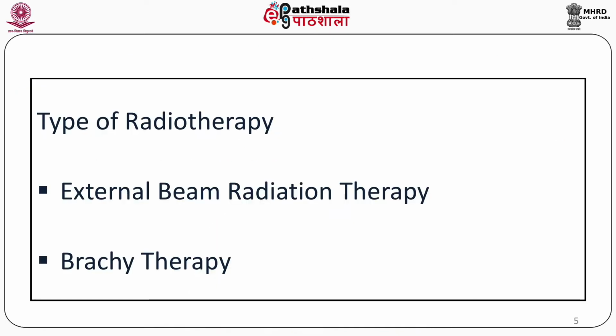There are two types of radiotherapy. One is external beam radiotherapy and the second is brachytherapy. External beam radiotherapy is where the source of radiation is away from the body, and the surrounding tissues also receive a lot of radiation in this technique.